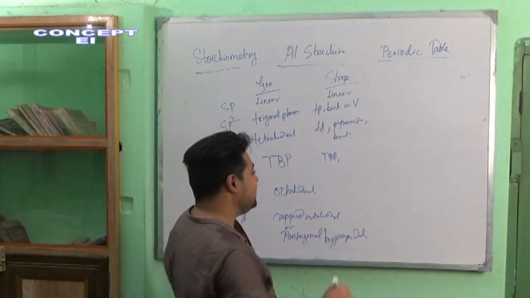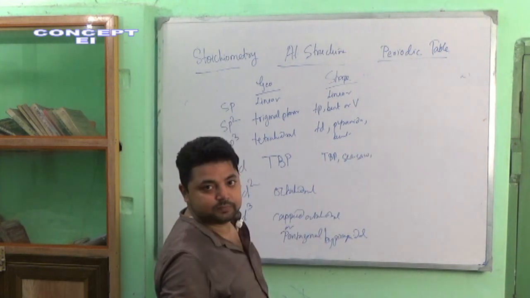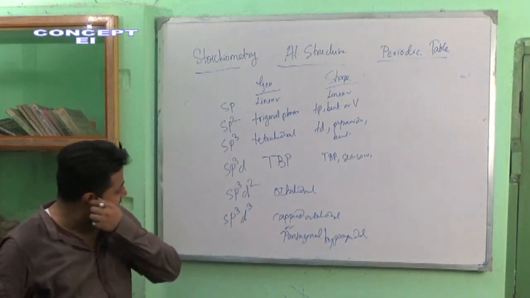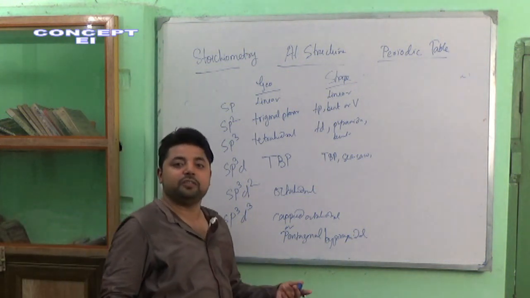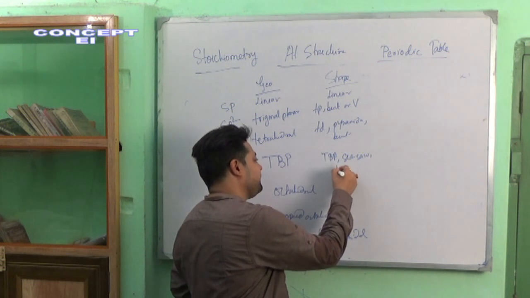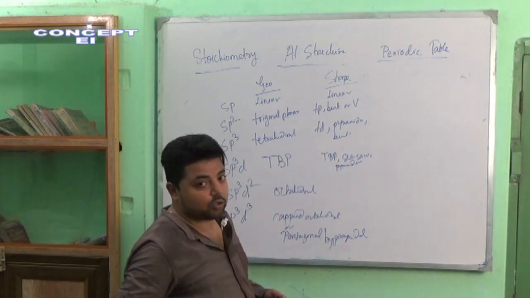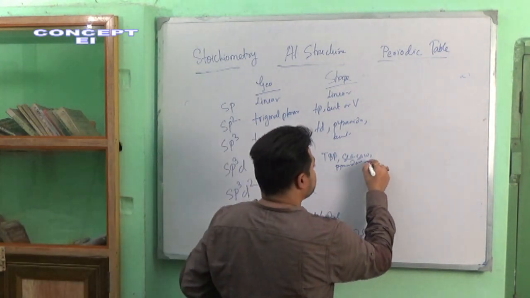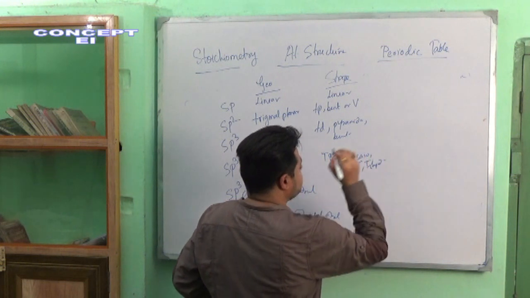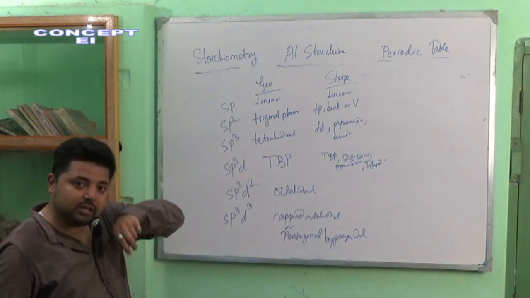It can have a seesaw shape, okay, and again it can also give a T-shaped structure. So all these are possibilities.